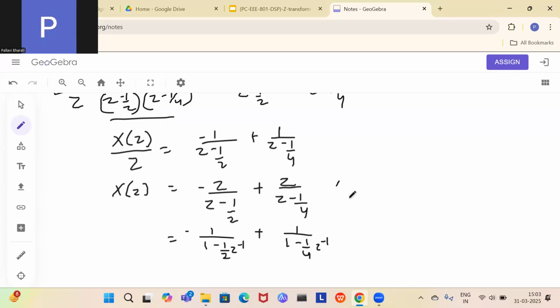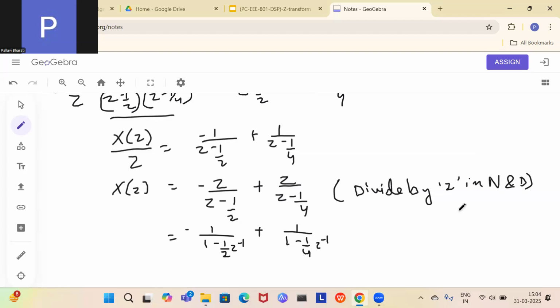What we have done is divide by z in numerator and denominator.